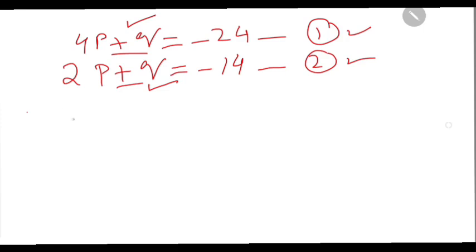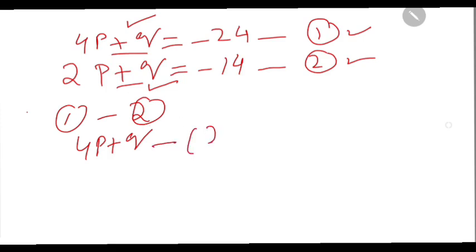So I can say 1 minus 2, or you can say 2 minus 1, same thing. So the 4p plus q, you're going to minus this 2p plus q, and obviously on the other side the constant as well, negative 4 minus 14.